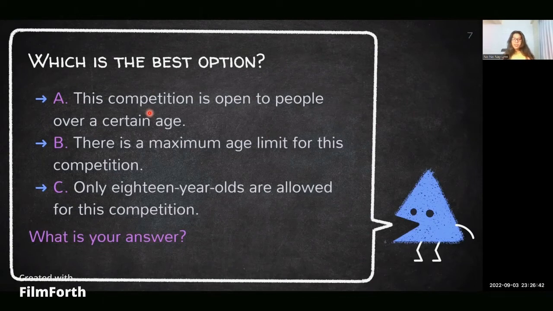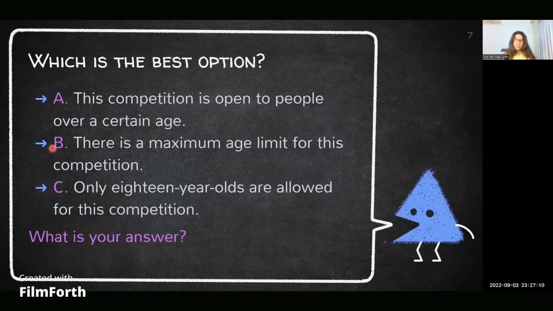It says people over 18. They have to be at least 18. So it's like a certain age limit, all right? This is a limit. So far, option A seems the best because this competition is only open to people over a certain age. Starting from 18 years old, you can go all the way up because you are eligible to drive. Yeah, because you have a license.